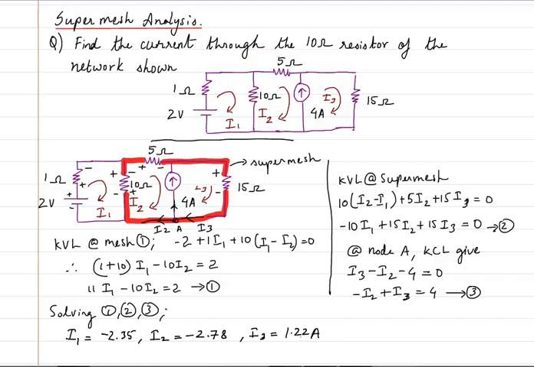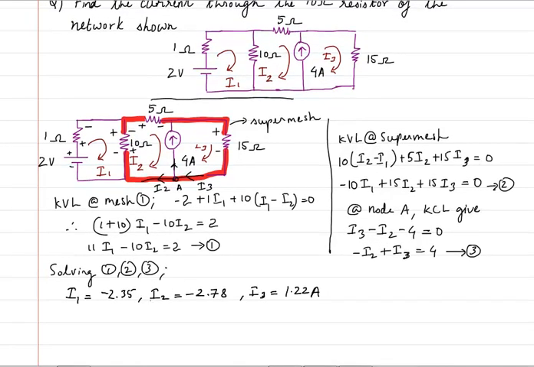And now what is the question? The question is asked as what is the current through the 10 ohm resistor. So I will write, therefore, the current through the 10 ohm resistance is going to be I1 minus I2, or even I2 minus I1, it does not matter. I will just write I1 minus I2.